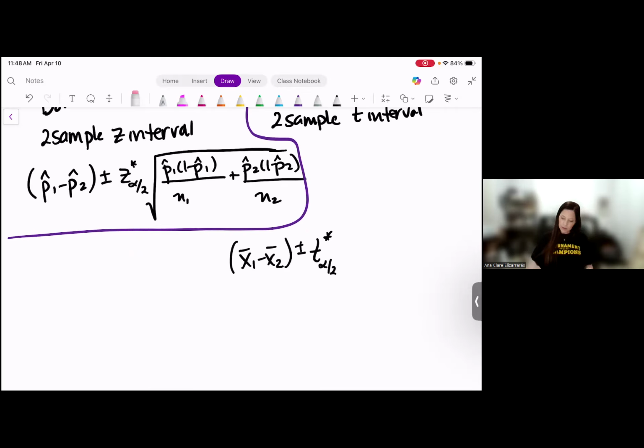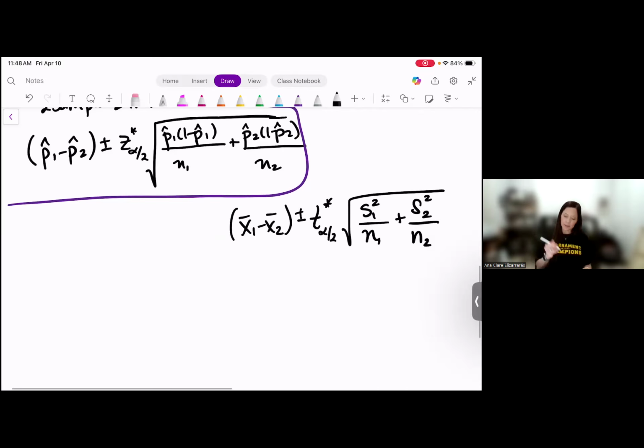So we're doing the standard deviation of the first sample divided by the sample size of that group, and the standard deviation of the second sample divided by the sample size of that sample. We're actually going to combine the whole thing under the square root, as we did with proportions. But in order to account for the standard deviation, we need to square it and then square root it to get back to standard deviation.